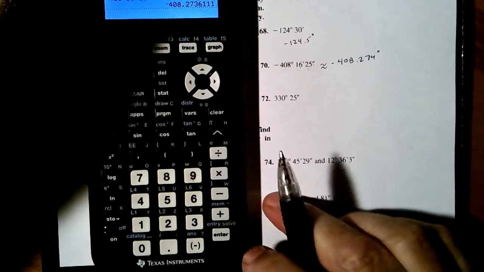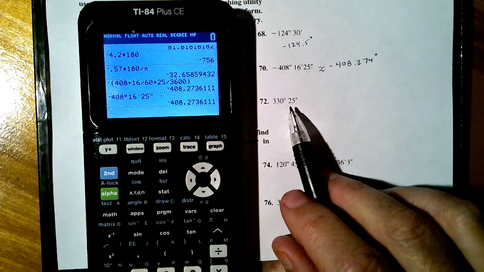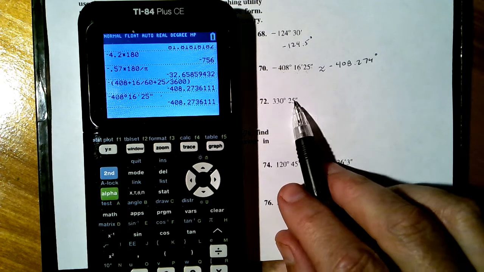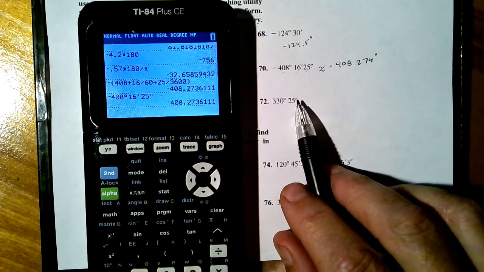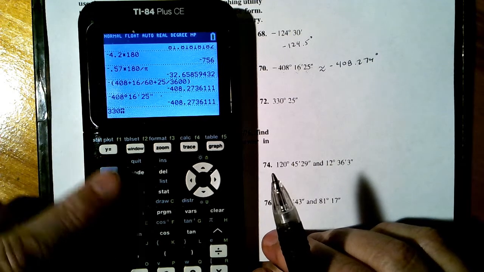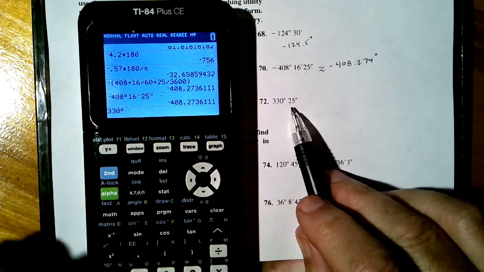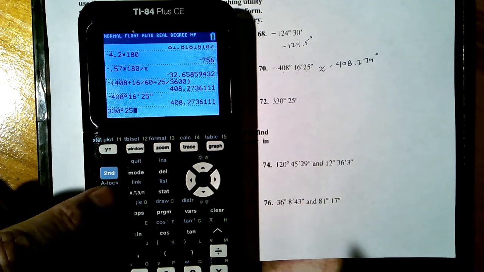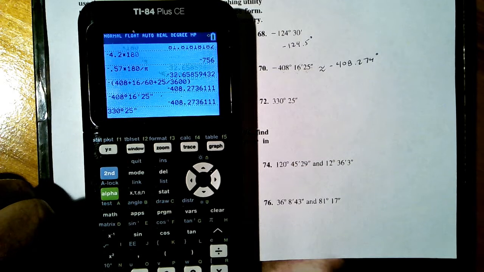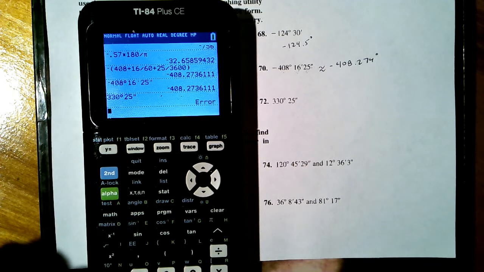This one, I'm going to go ahead and do it with the calculator. And I don't recall offhand if I have to put the minutes. There's no minutes. Notice this is seconds. So this is 330 angle degrees and 25 seconds, and I hit enter and it doesn't like that. I really would need to put in the 0 minutes.